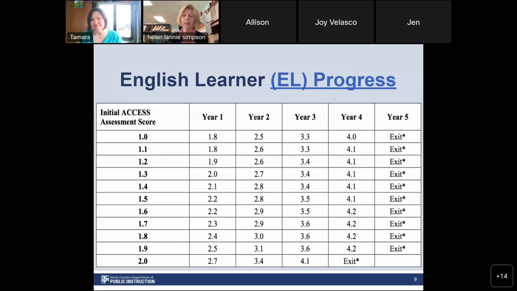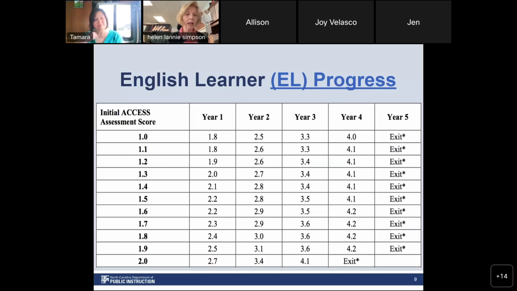Okay. So you may or may not have seen what is known as the progress value table. And this gives us the annual expected overall ACCESS score. If you look at the leftmost column, you'll see that it says initial ACCESS assessment score.